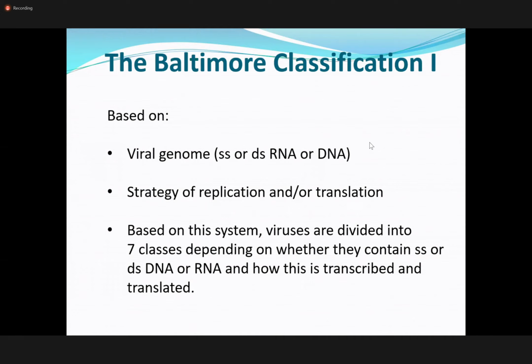Because if they had similarities in this nucleic acid, that gave them more relationships with other viruses having similar genomes in terms of replication processes.